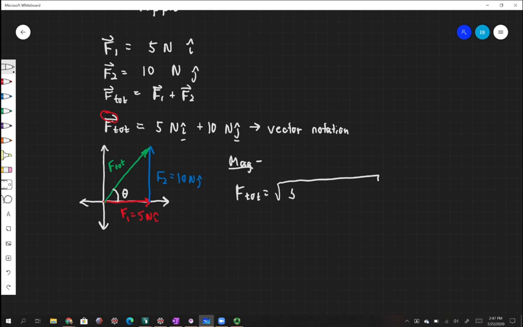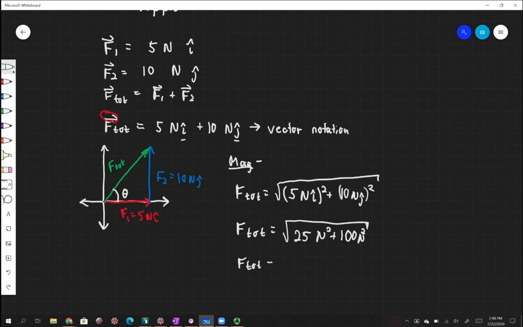So that's the square root of 5 newtons in the I hat quantity squared plus 10 newtons in the J hat quantity squared. So let's multiply this out, and we're going to find F total is equal to the square root of 25 newtons squared plus 100 newtons squared. So we'll take this square root and we'll find that F total is equal to about 11 newtons.